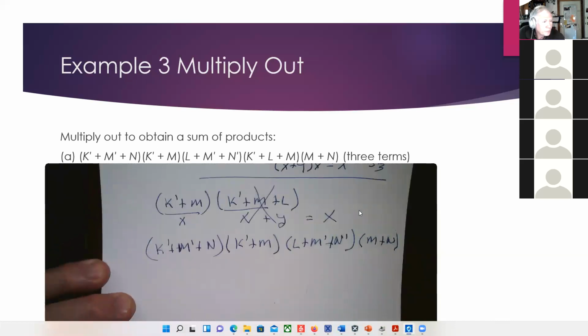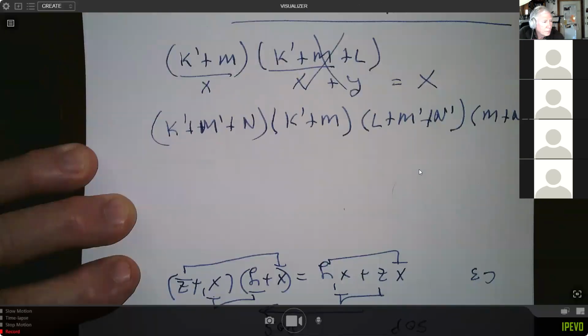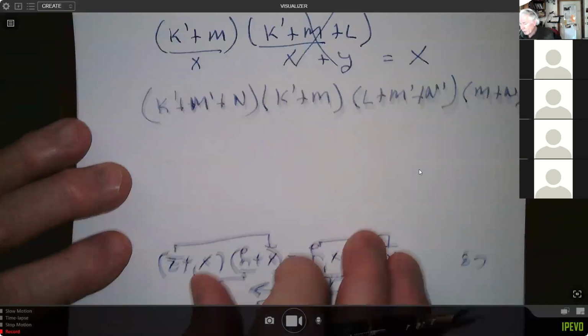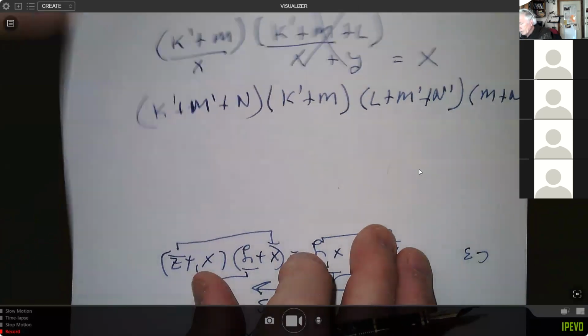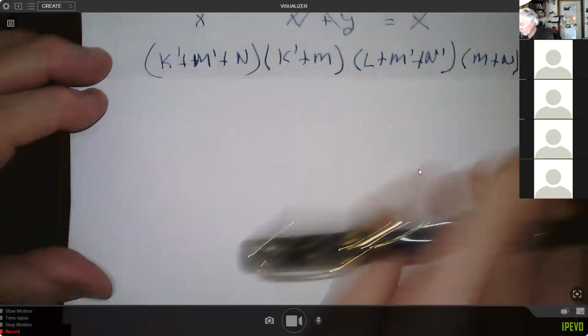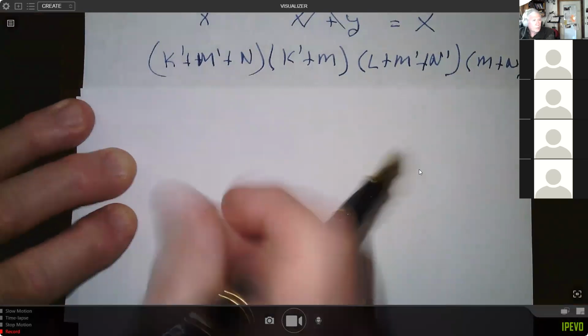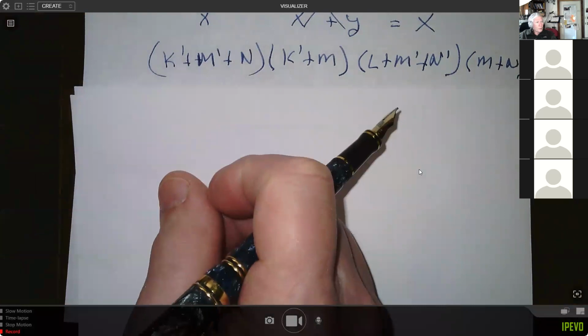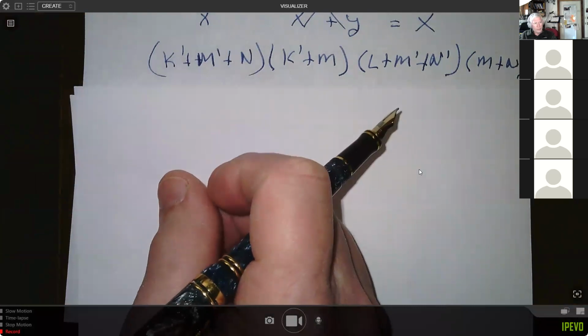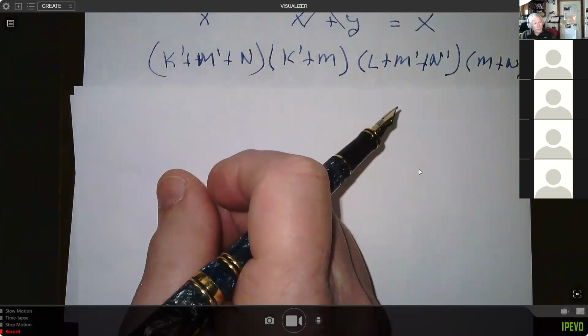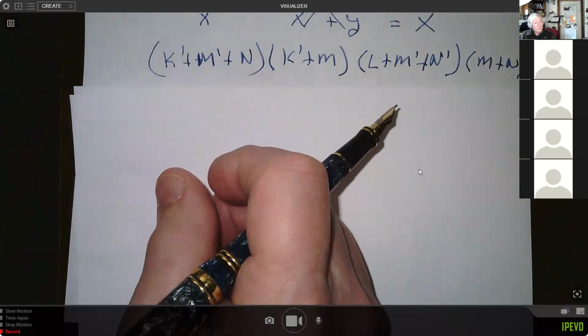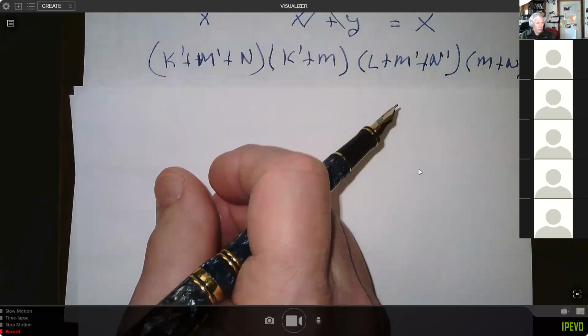So maybe we'll expand this. All right, there's where we're starting. Any ideas for how you might want to attack this? First off, is there a variable that appears in every single term? Would that be M, sir? Yeah, M does appear in every single term, so that might be a good one to focus on.